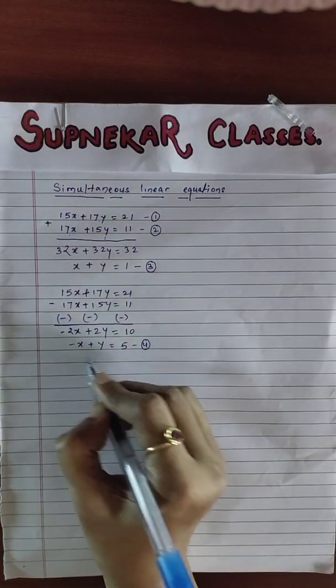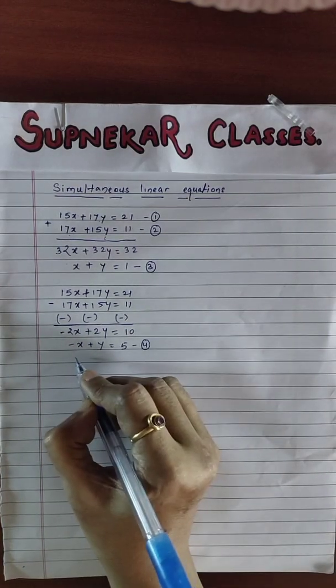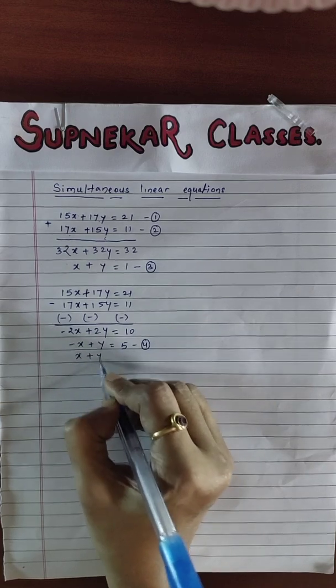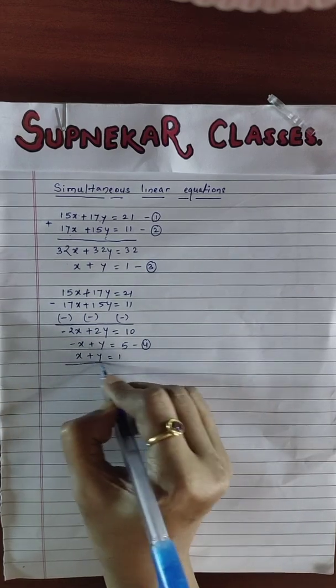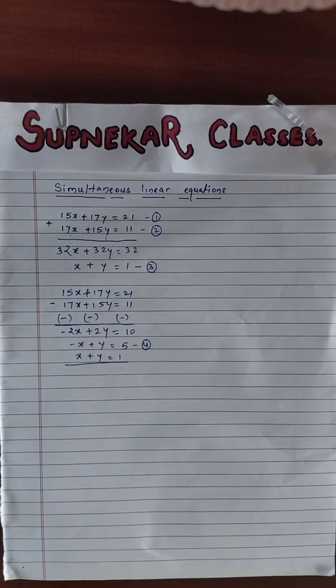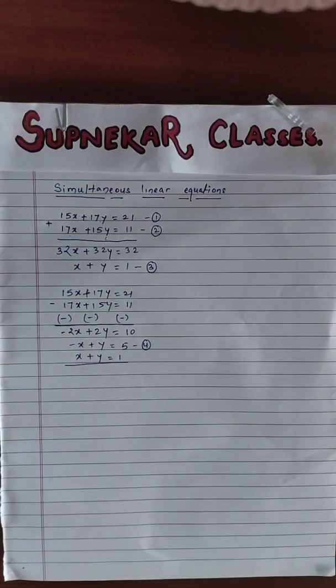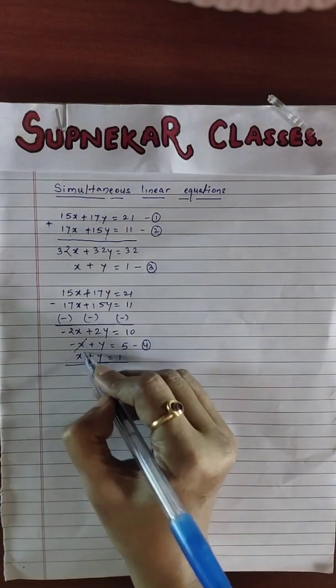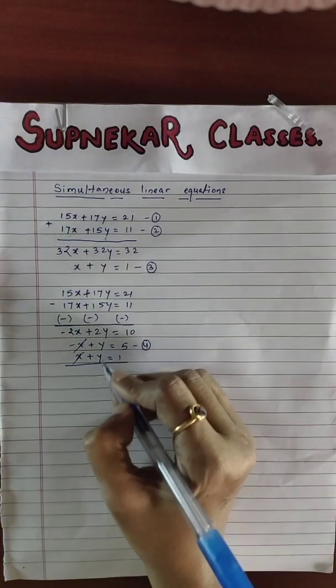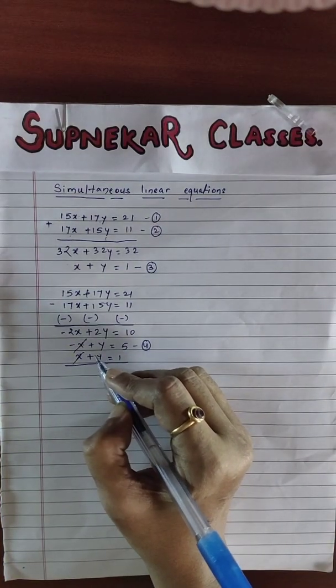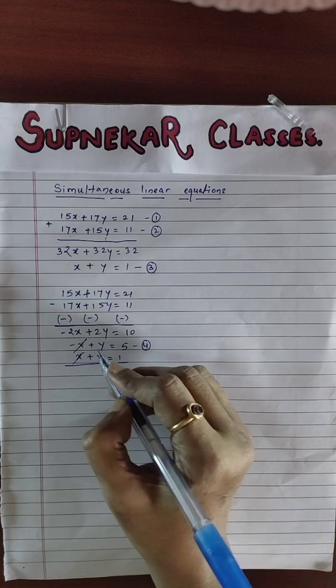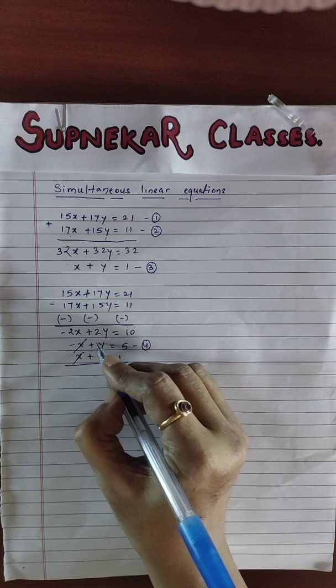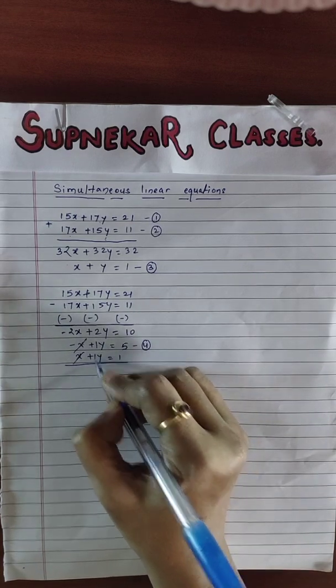So I will write down below this only, third equation, x plus y is equal to 1. Now this x has a negative sign, this x has a positive sign. Obviously both these will get cancelled, and now y and y. I had told you earlier, whenever only y is given, it will be taken as 1y, and here also 1y.